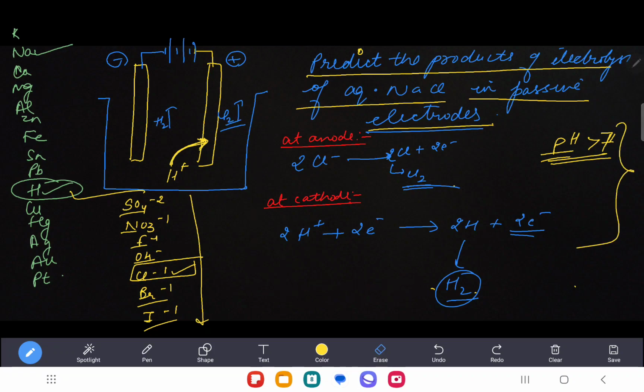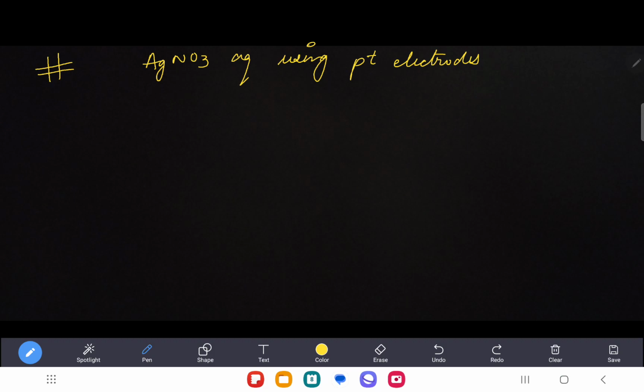Yes or no? तो इस तरह से आप प्रोडक्ट्स आइडेंटिफाई करते हो, isn't it? अब देखो, for example, if you have now AgNO3 aqueous using platinum electrodes, हाँ, platinum, correct, एक मिनट, using platinum electrodes, अब क्या करेंगे?